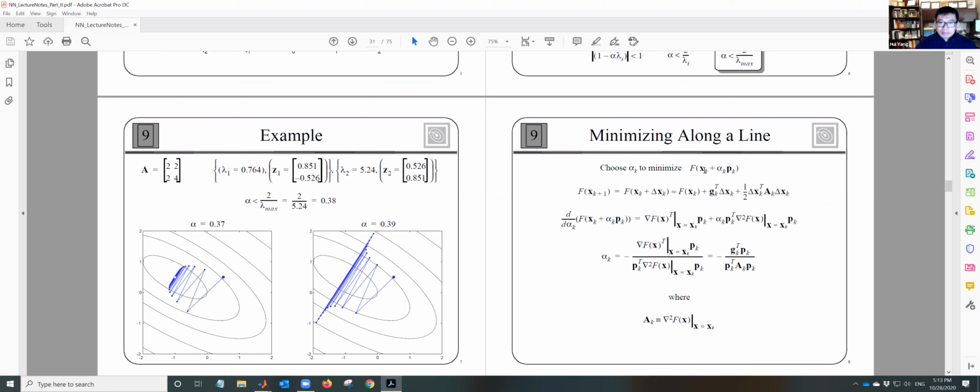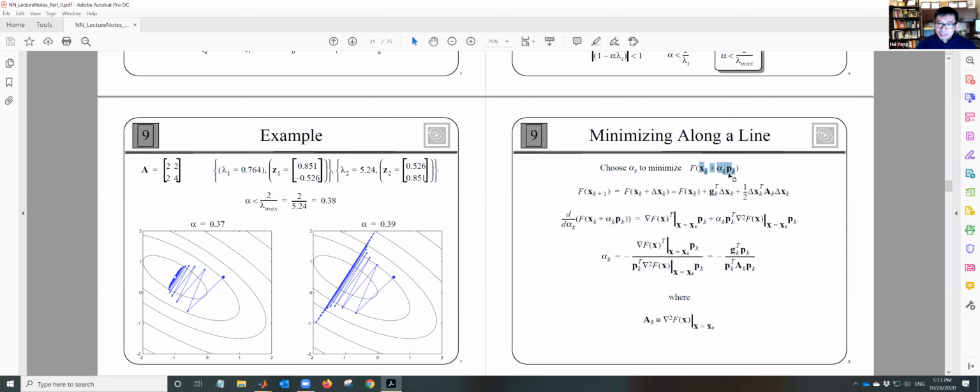You see here, we have f(xk plus alpha k pk). What is this? It is xk plus my search direction and then search magnitude. Originally, you are at the location of xk.